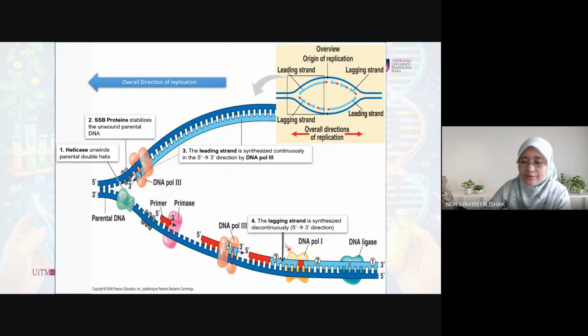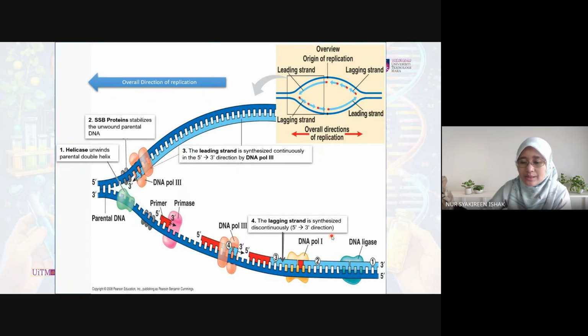Then we have the synthesis of the lagging strand, which is synthesized as Okazaki fragments. As you can see here, the Okazaki fragments are numbered: the first fragment, the second, the third, the fourth, and the fifth that is starting to be synthesized.